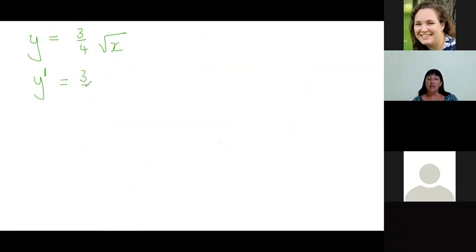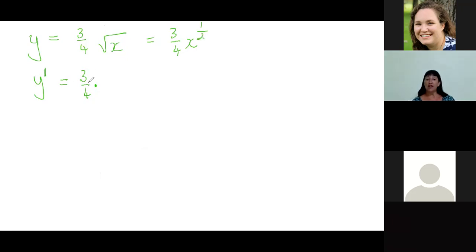If I have a constant in front, I just keep it there all the way down until the end, and then I multiply it in. Okay, so a constant just stays. I'm definitely going to change my root x to x to the power over root. Invisible 1 over, and just root is invisible 2.